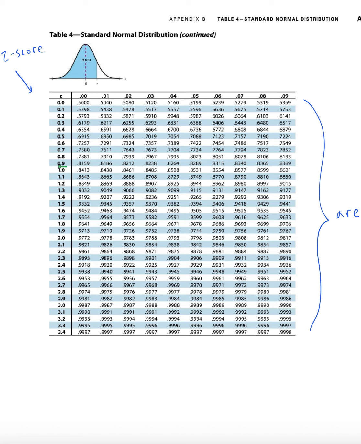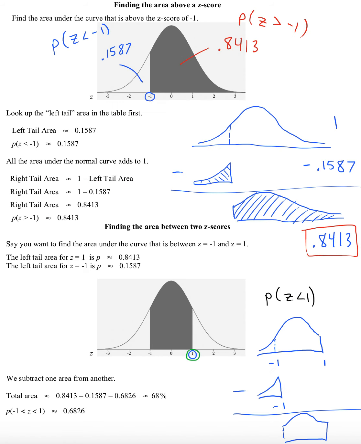Okay, here's a 1, 1.0, 0.8413. So that's all this, 0.8413. But that's too much, because that includes the left tail too.